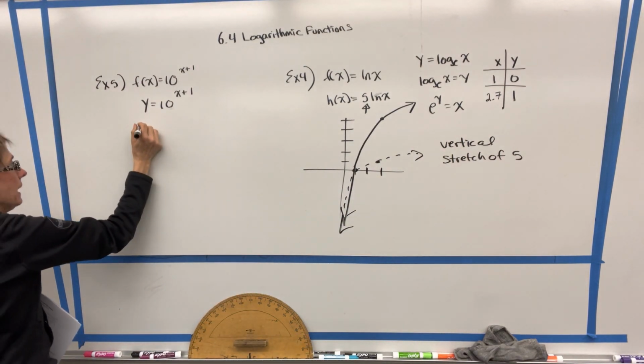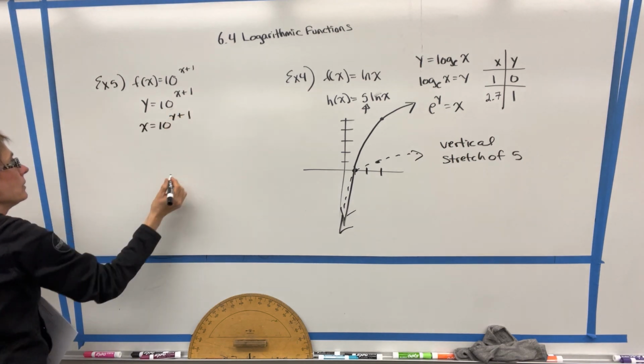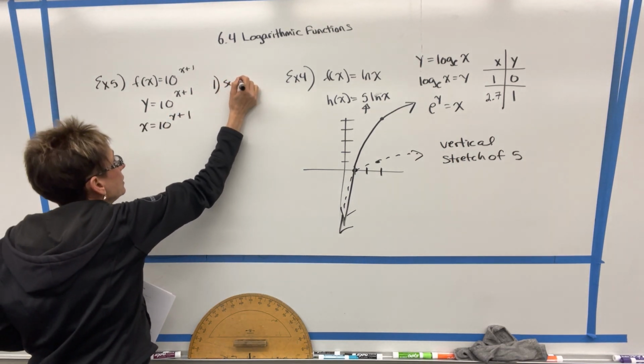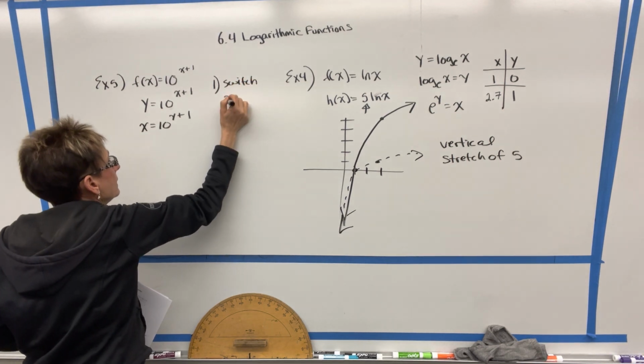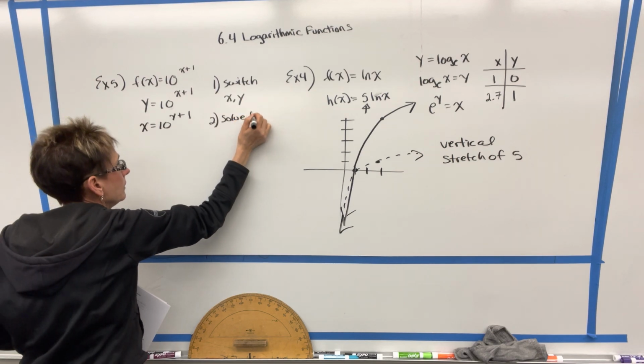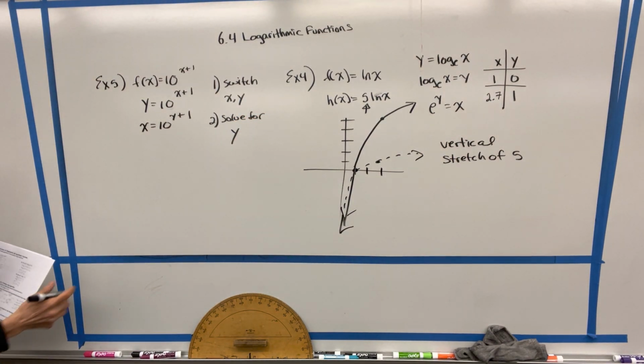So instead of y, I'm going to put an x here, and instead of x, I'm going to put a y there. Let me write those steps out so we don't forget. The first thing is to switch your x and y, and the second step is to solve for y.